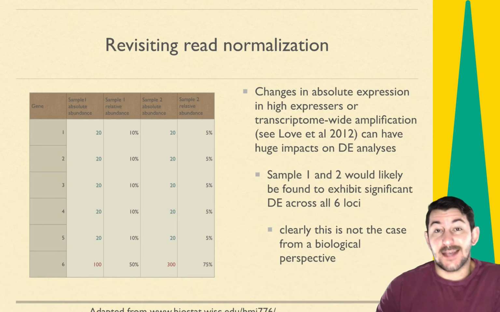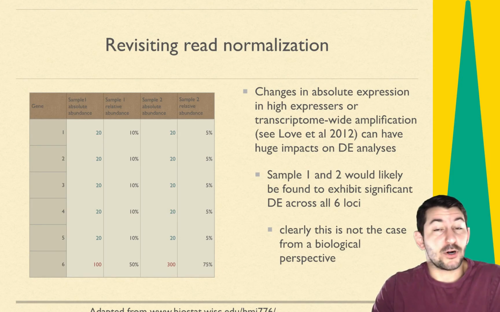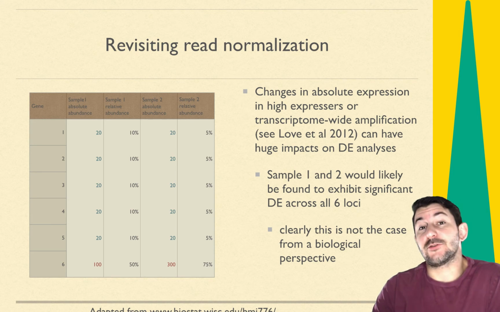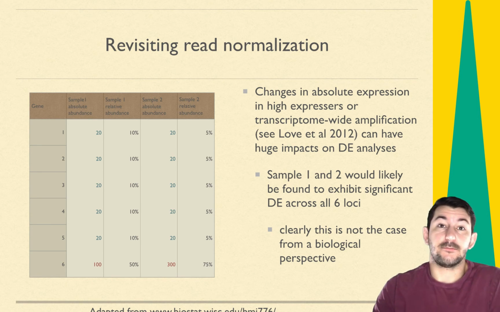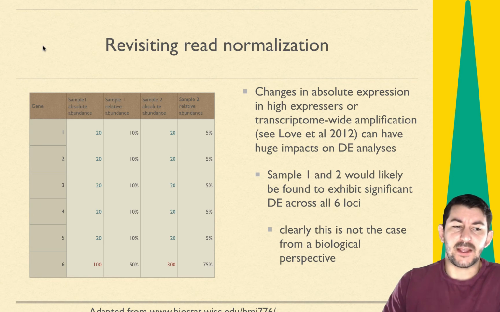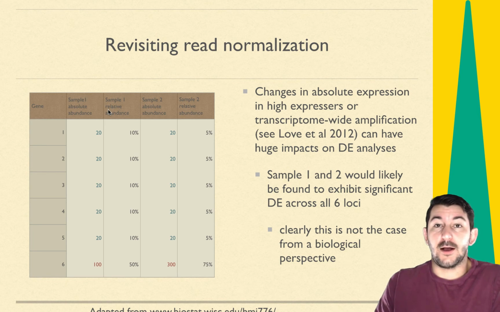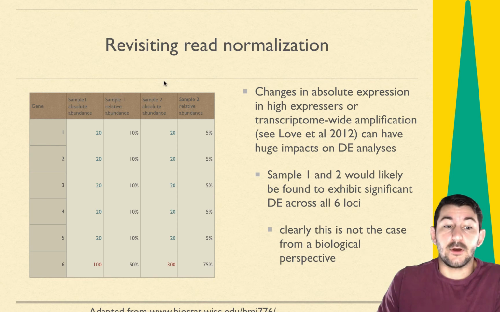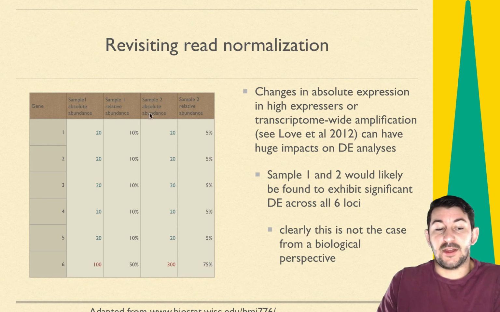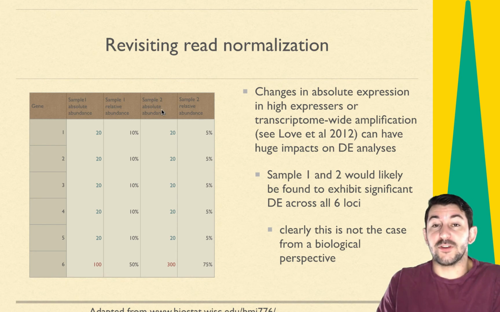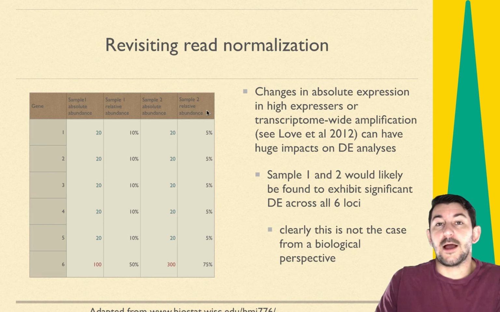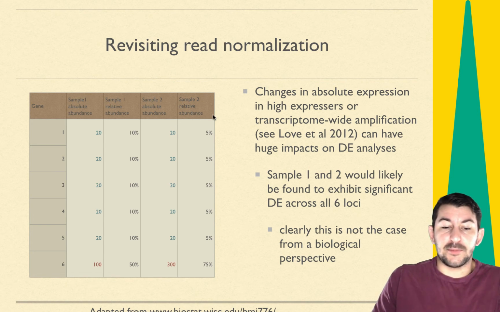Okay, so as an example, let's imagine a perfect world where I know exactly how many transcripts are being produced by things before I even sequence them. And so in this example, we've got sample 1, both what it's actually producing and what we are going to be inferring from our RNA-seq comparison, and sample 2 for the same thing, both the absolute abundance that we know the cell is producing versus what we're assuming when we do transcripts per million.